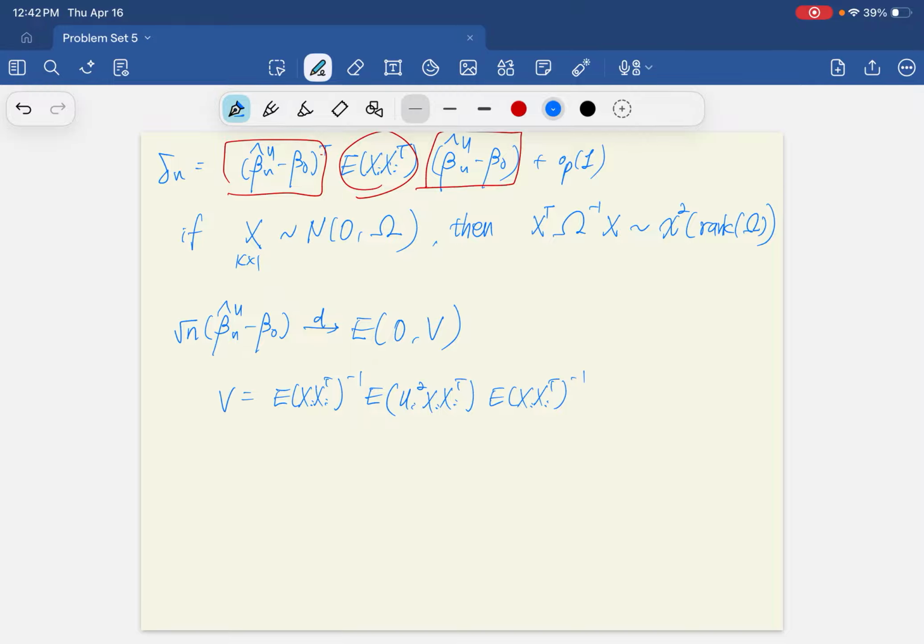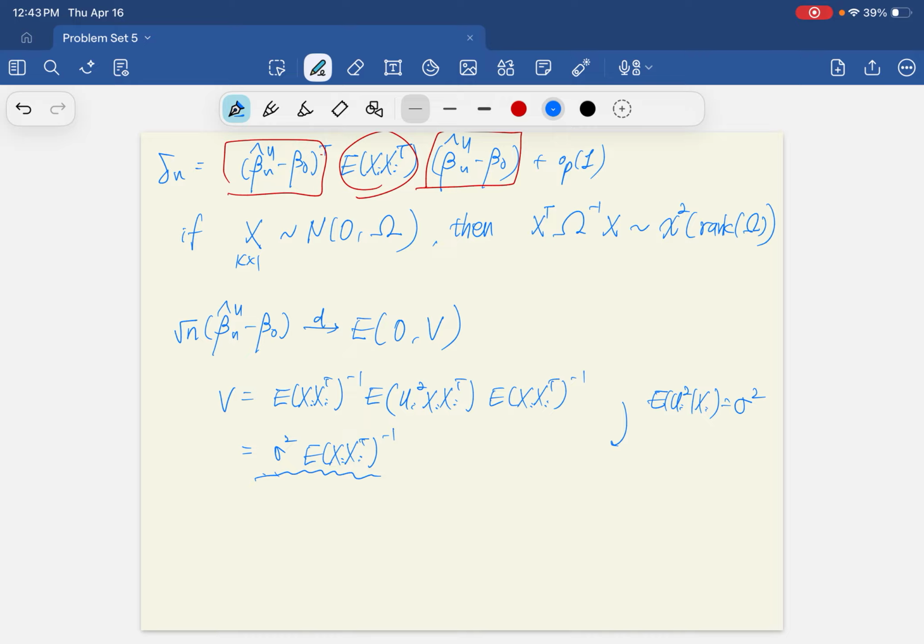But in particular, in our example, we have a homoscedasticity assumption: the expectation of u_i squared given x is always sigma squared. Using this, we may rewrite it as sigma squared times the inverse of the expectation of x x transpose. So this is the variance under homoscedasticity.